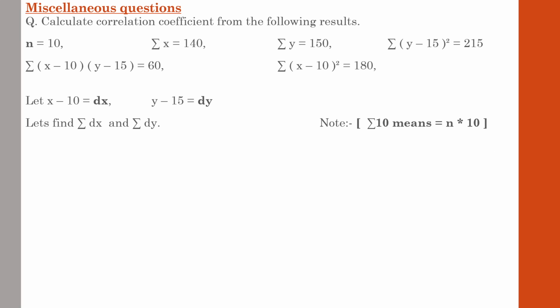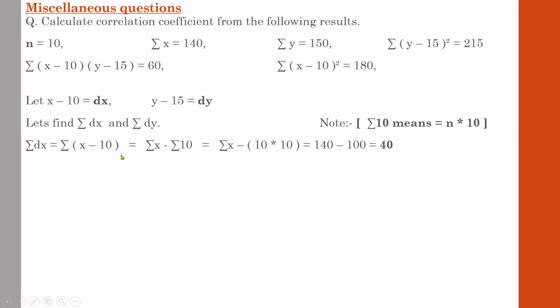We are going to find sigma dx and sigma dy. Here for sigma dx, we already assumed that dx is x minus 10. So sigma dx will be sigma of x minus 10.